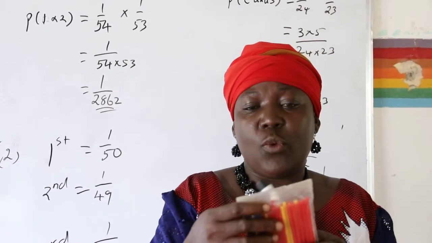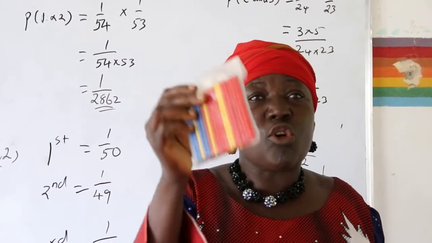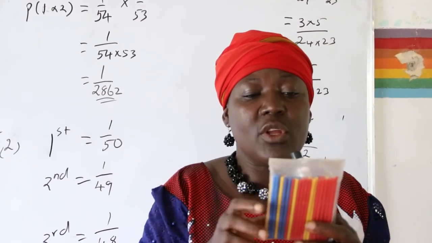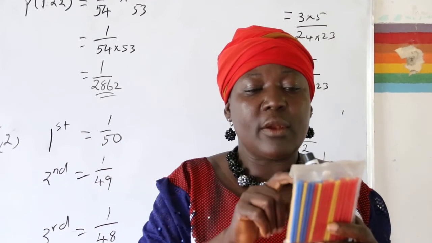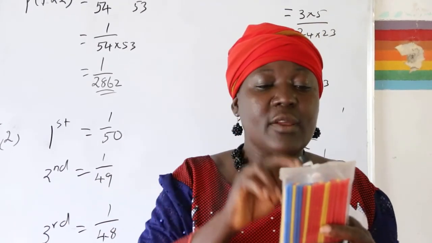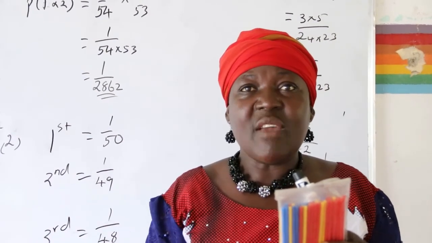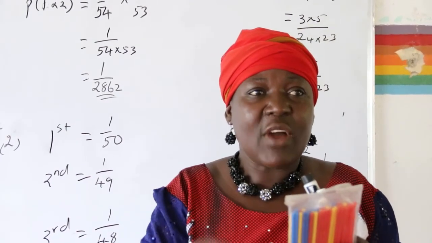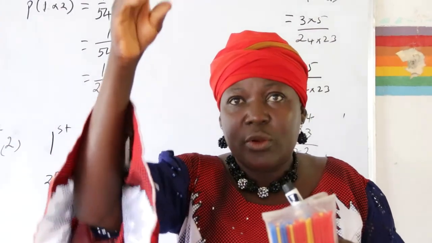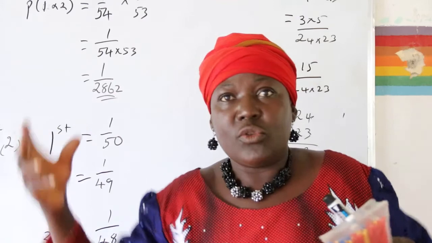Even this one too, the sticks that we have. If they depend on colors, you know that the other time we were having them in different numbers: the blue were in different number, the red were in different number, the yellow were in different number. So if you are picking the same color, you find out that in the next picking, the number of those colors will reduce by 1, and the total number will also reduce by 1.